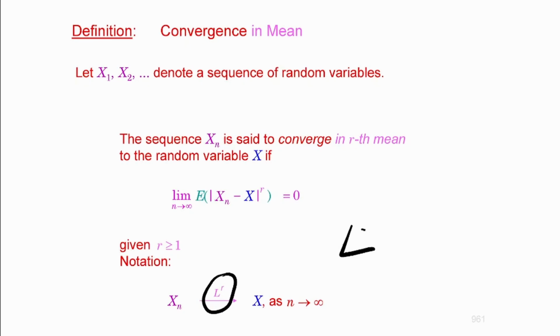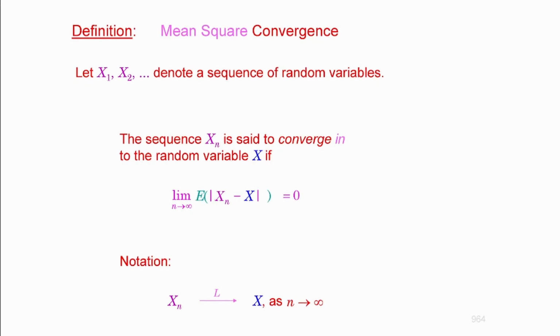That's a notation which is written on the arrow. I'm going to summarize those, and then there's going to be a specific case, convergence in mean square. They are said to converge in mean square, which is referred to as the mean square convergence. This is basically what you're going to see.